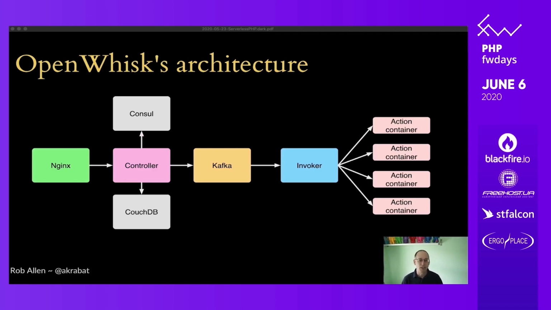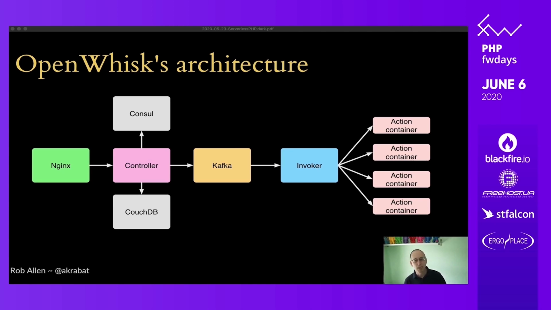In OpenWhisk, we have Nginx at the front end. So everything comes into OpenWhisk as an HTTP API call of some form or another. So although we use a wsk command line tool, behind the scenes that became a standard HTTP API call and hits our Nginx. We then hit the controller. The controller is where all the clever OpenWhisk stuff is. That will use service discovery with something like Consul in order to do its work.